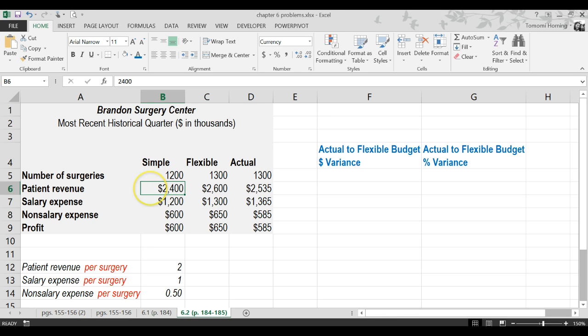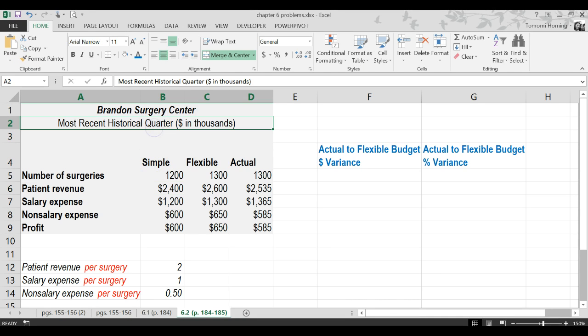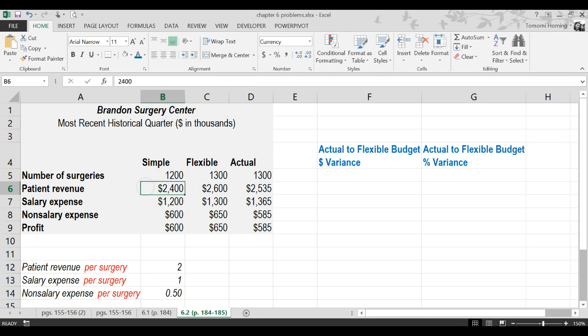The reason why this is read $2.4 million and not $2,400 is because the case example told us that the numbers are reported in thousands. So essentially you're multiplying all of these numbers by 1,000. So this again is not read 2,400, but it's 2.4 million because there are 3 zeros here that were taken out because the statement said that we are reading this in thousands.